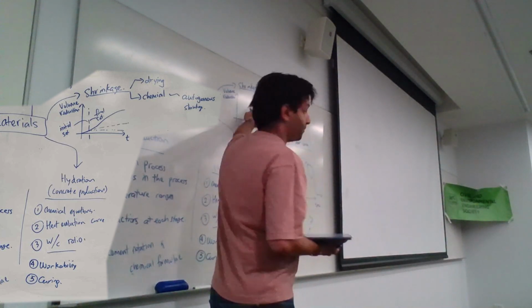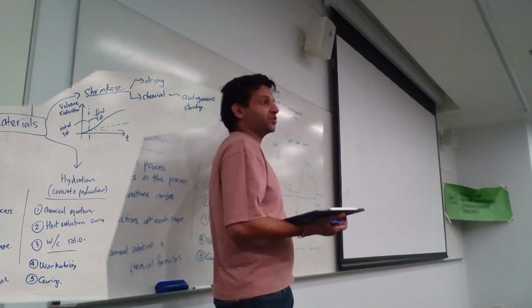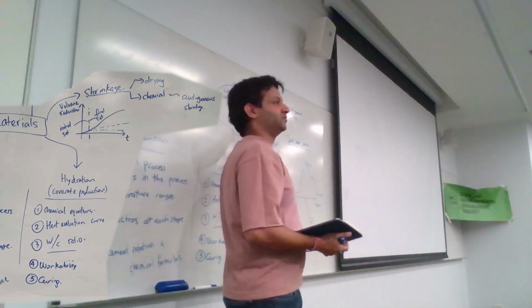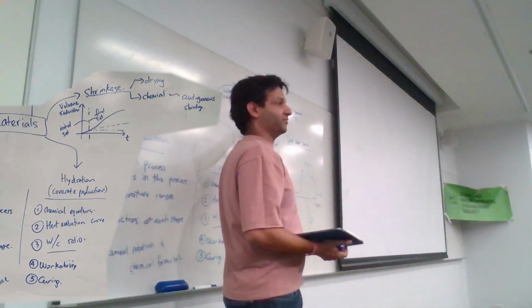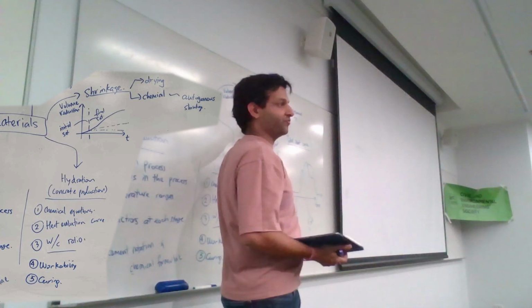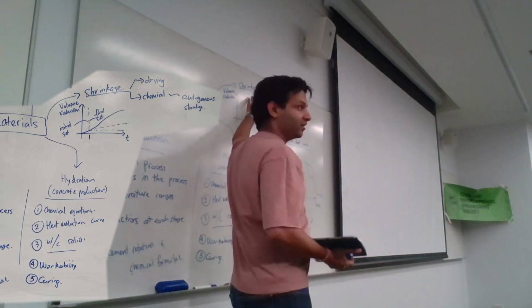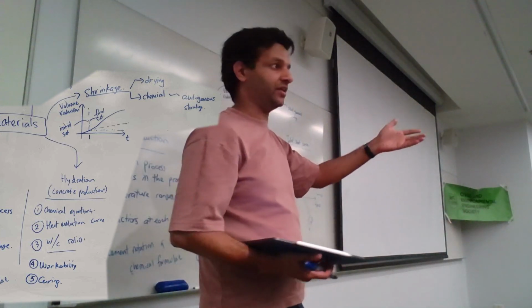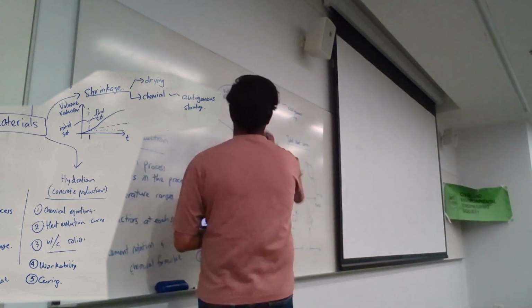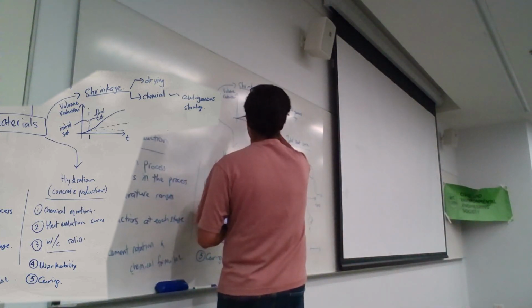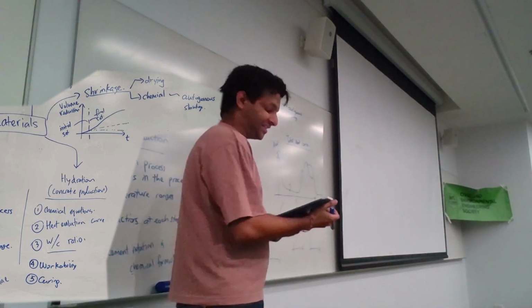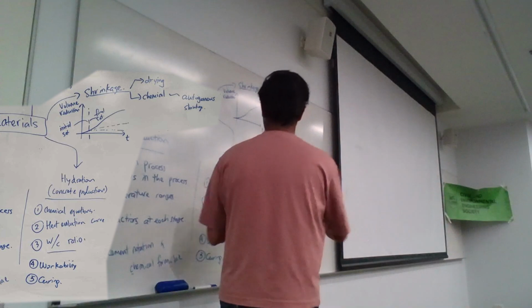If this curve goes up, it means there's more volume reduction, which means the volume is smaller. It's a bit of a backwards way of showing it, but you get the picture, right? If there's more volume reduction, it means there's more shrinkage. And generally it looks something like that.